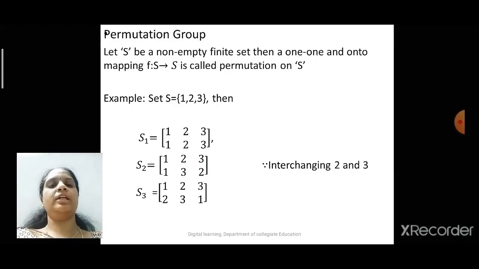Next, in S2 we can consider 1, 2, 3 and 1, 3, 2. It is changing the second and the third element. For S3, again we can take the possibilities, where the rows or the columns can be interchanged. So again the possibility for S3 is 1, 2, 3 and 2, 3, 1. This is about the permutation group.